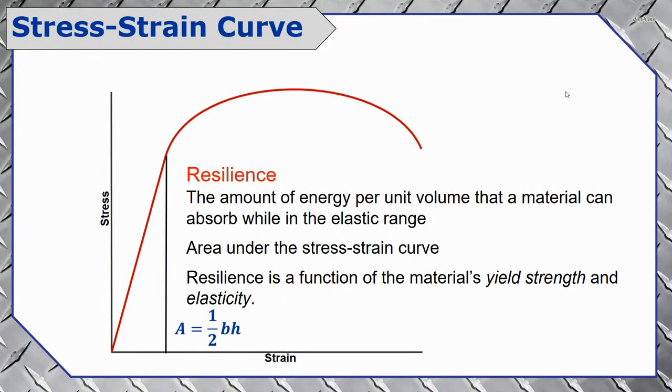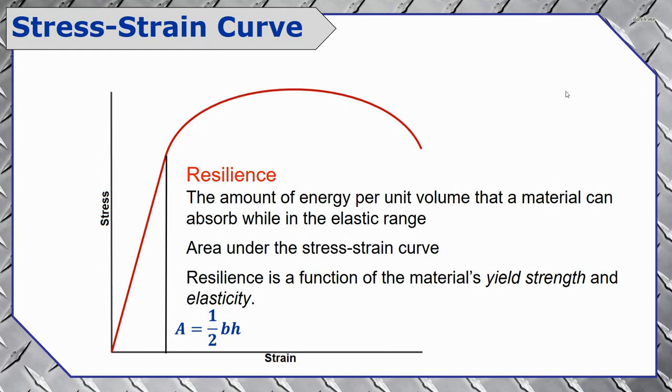Resilience is the amount of energy per unit volume that a material can absorb while in the elastic range. In other words, this is how much energy a piece of material can absorb before it deforms permanently. And resilience is defined by the area beneath the stress-strain curve, specifically in the elastic region.